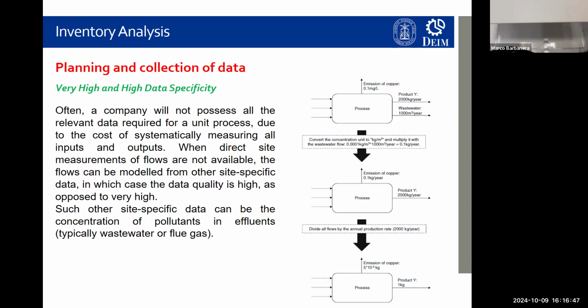It is the same, but typically, if we want to use company reports to evaluate, in this case, the amount of emissions of copper, typically this value is expressed in terms of milligram per liter, so it is expressed in a concentration form.